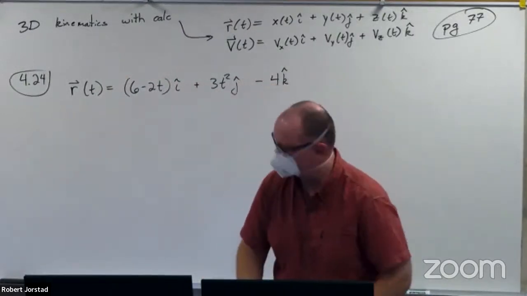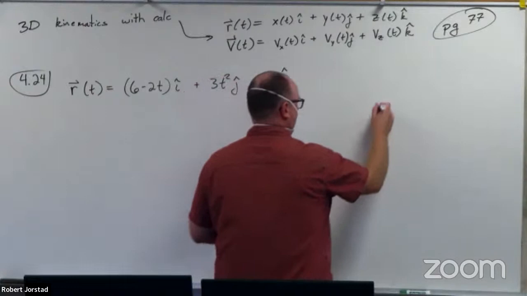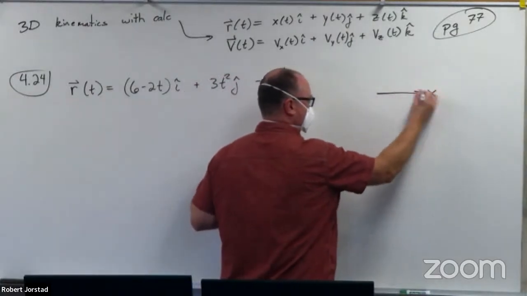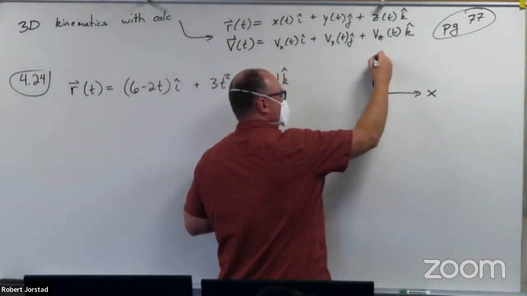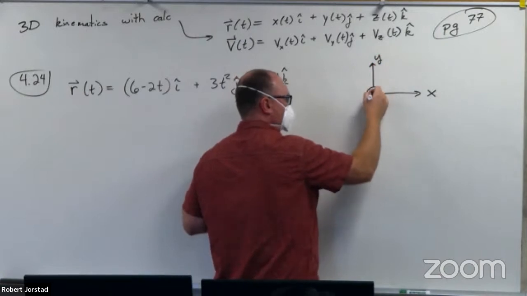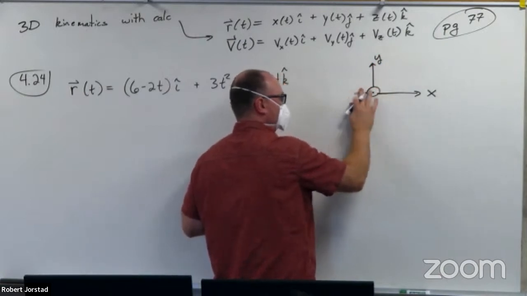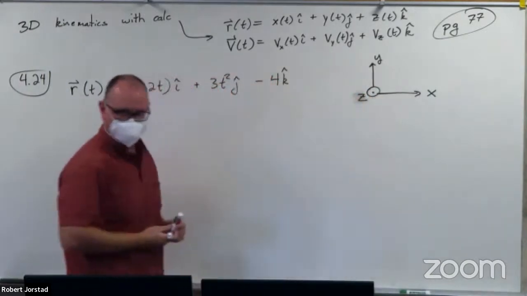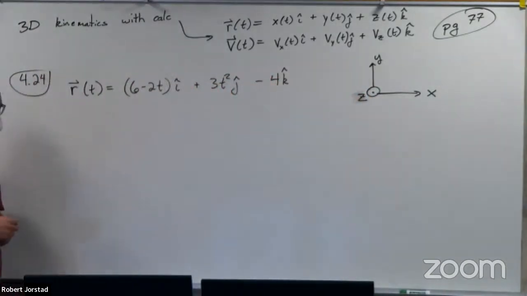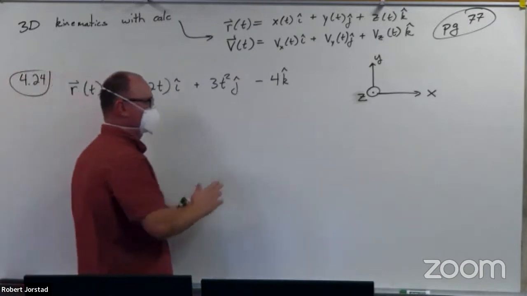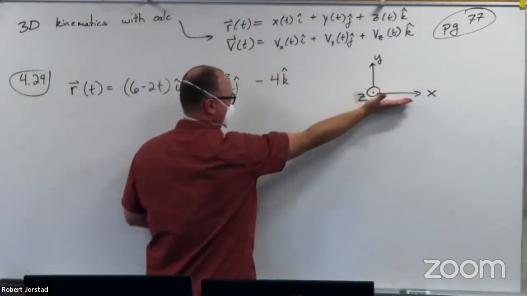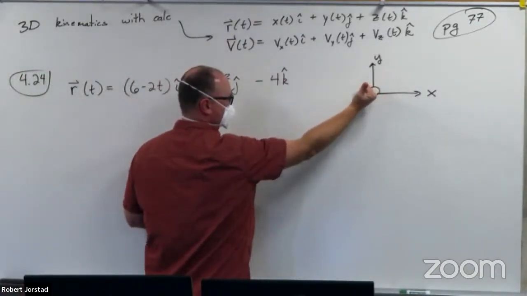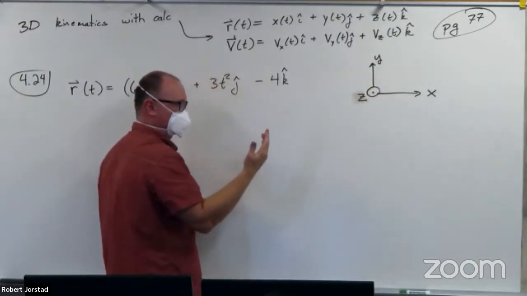And we're told in the following problem, this is our coordinate system. X is to the right, Y is upwards, and Z is out of the page. In case you don't remember cross products, X goes to Y, goes to Z. Whenever I write a coordinate system, I like to do that.